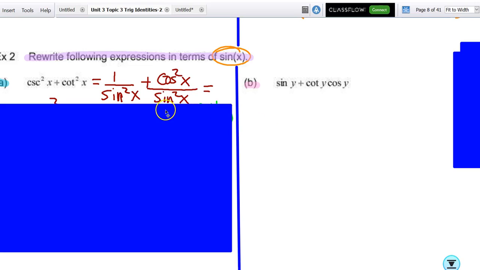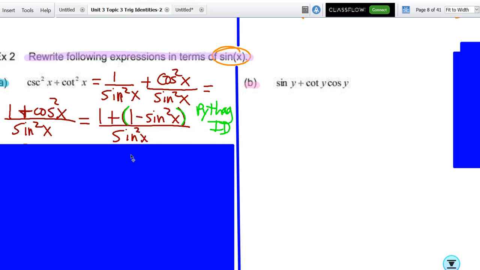Now, of course, because I have a common denominator, I can combine the numerator. When I do that, I notice with cosine squared x, I can put that in terms of sine squared x by using my Pythagorean identity. This is one of the Pythagorean identities that you'll have to flip around a little bit in order to do the substitution.